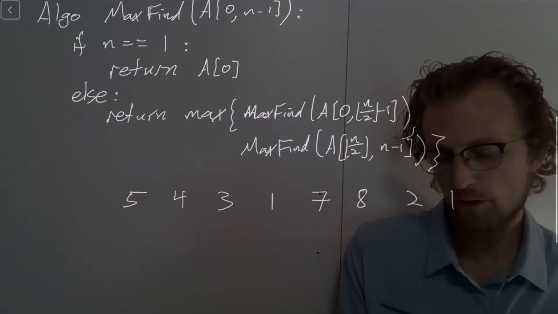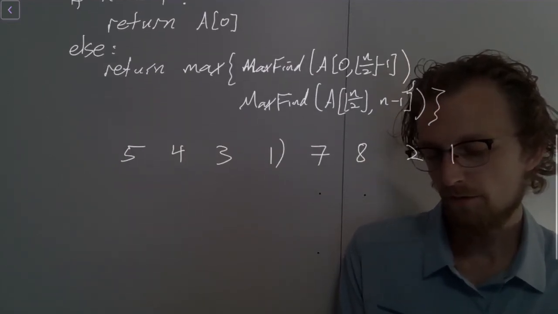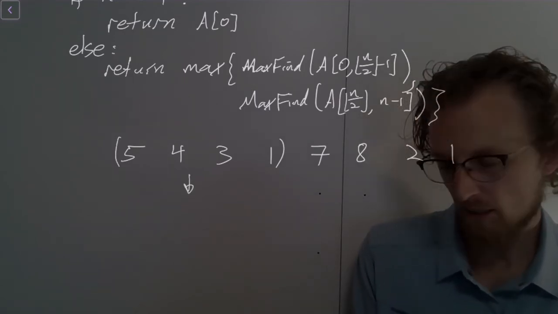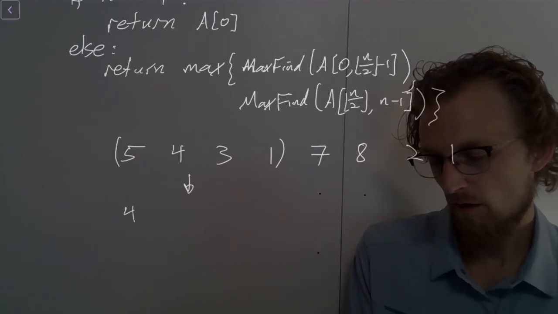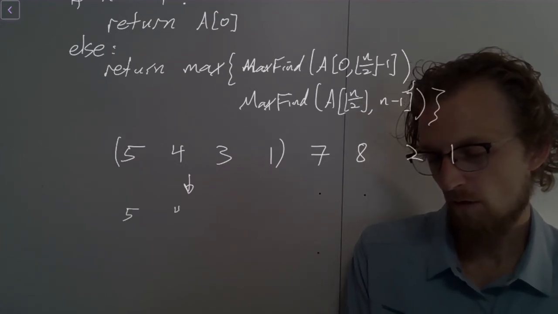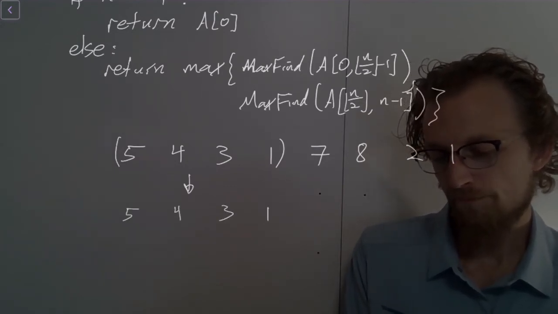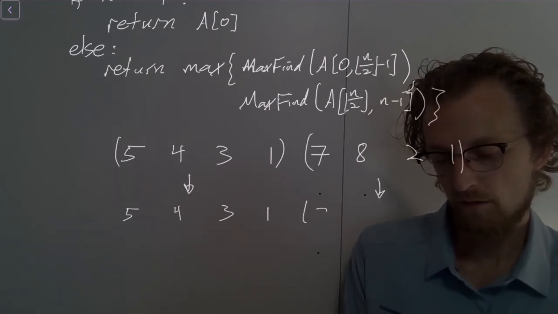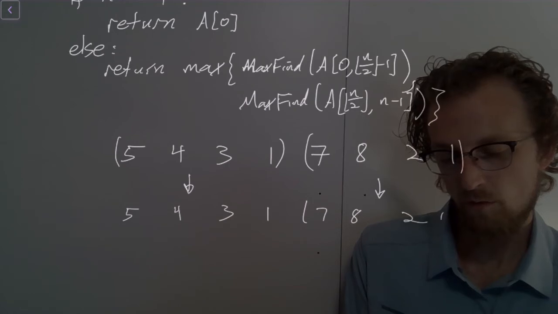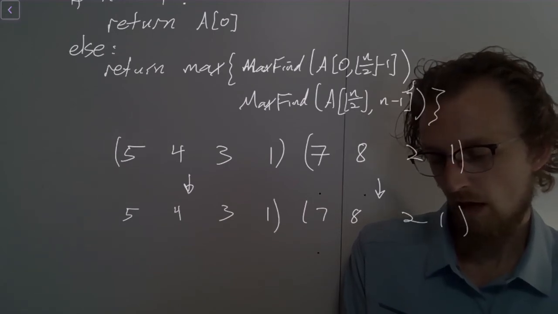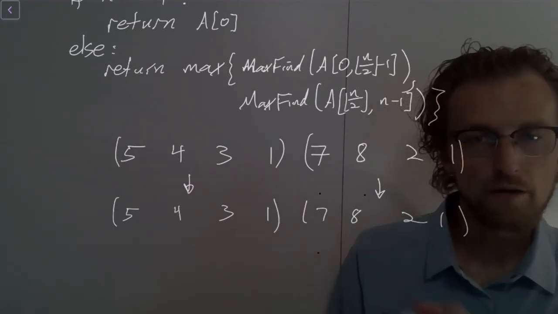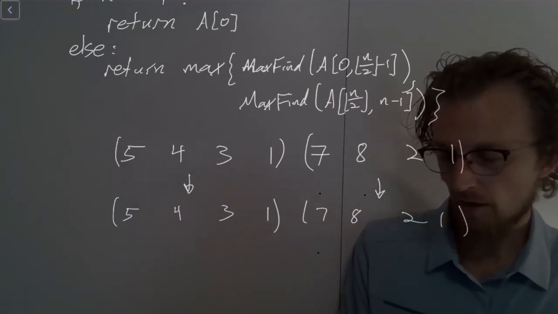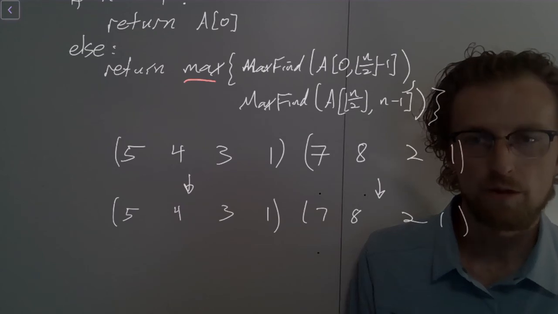So the first thing it'll do is look at the left half and process the left half, which is 5, 4, 3, 1, and then go process the right half. So 7, 8, 2, 1. And tell me what the largest value is in the left half, and tell me what the largest value is in the right half, and then I'll return the bigger of those two.